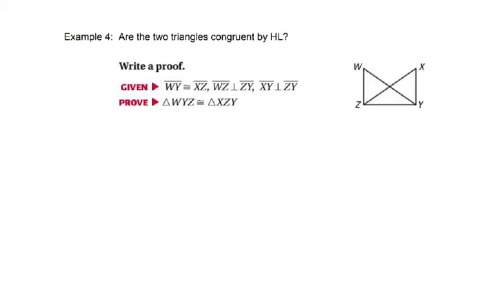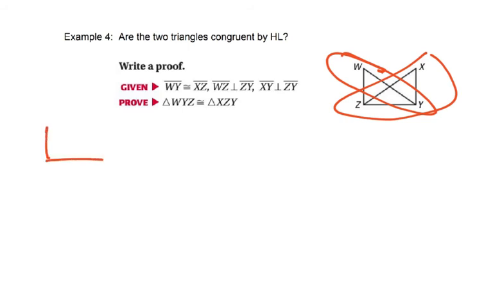Are these congruent by HL? Well, personally, I'm going to rewrite these. When they're all pushed together like that, we're checking WYZ and we're checking XZY. So I'll write WYZ, and then I'm going to flip the other one.